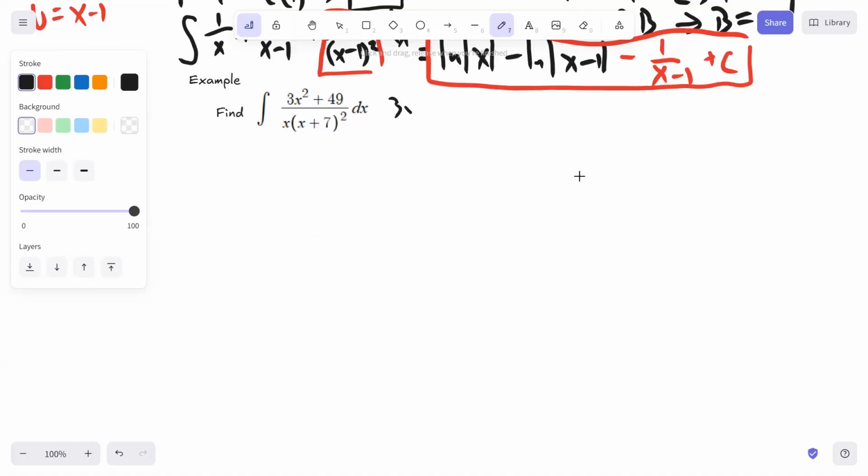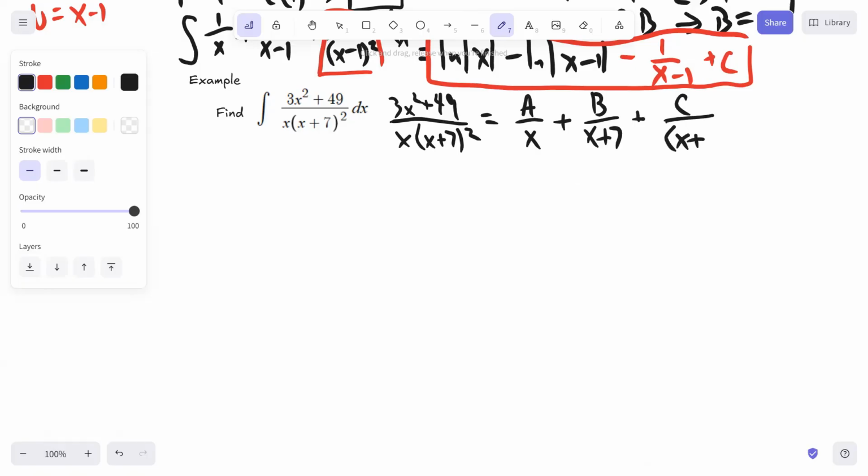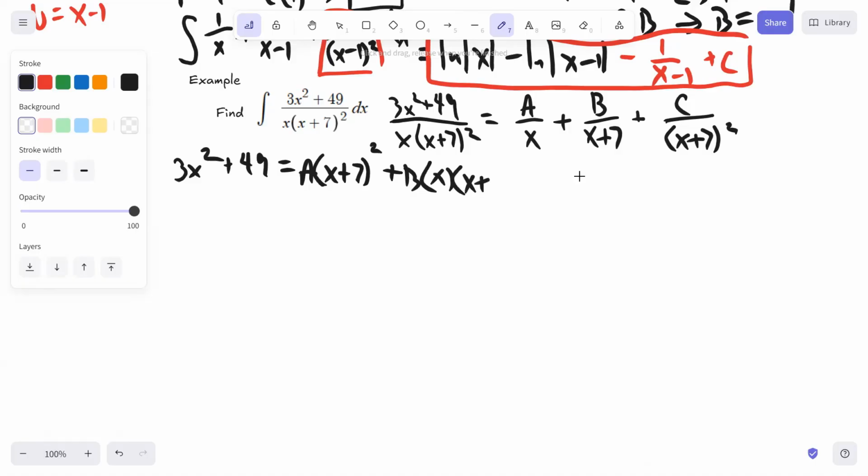So we would have a over x plus b over (x plus 7) plus c over (x plus 7) squared. Then multiplying by the common denominator, you'd have 3x squared plus 49 equals a times (x plus 7) squared plus b times (x plus 7) plus c times x.